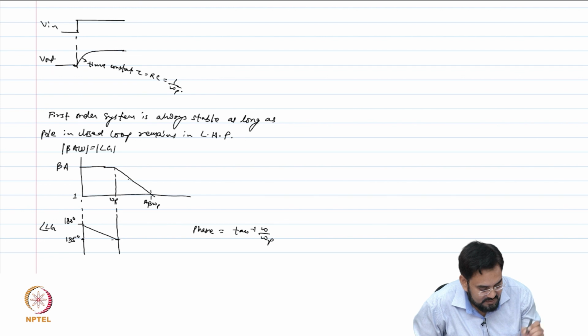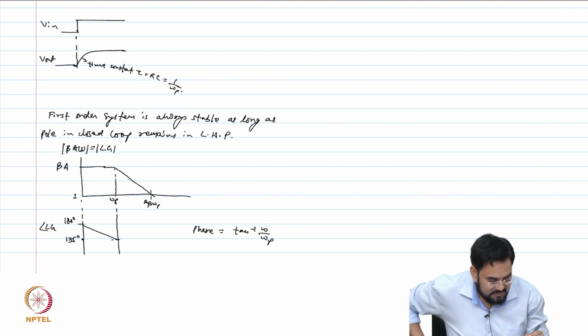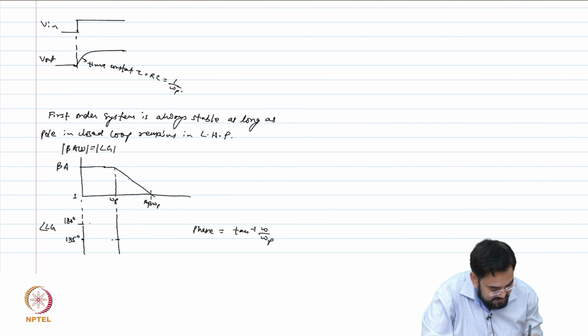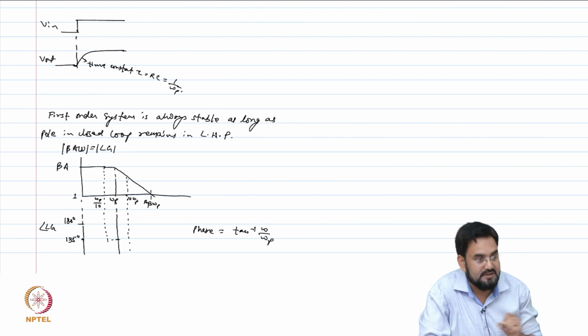When you draw your Bode plot, you always take the logarithmic scale. So you make it omega p by 10 and this is 10 times omega p.